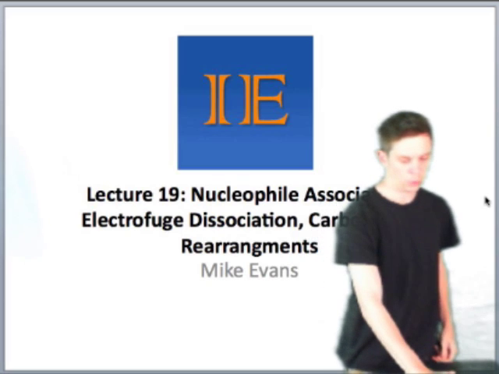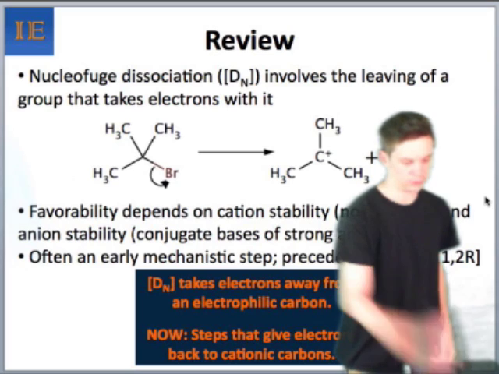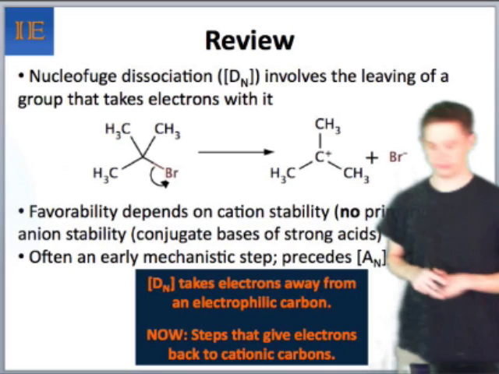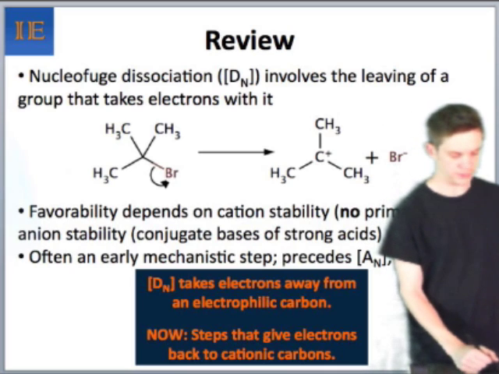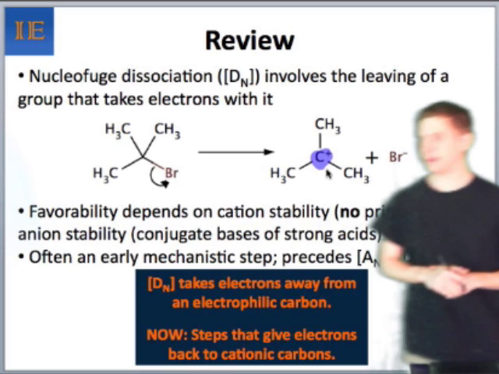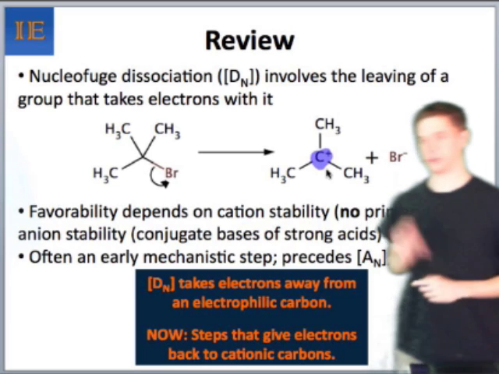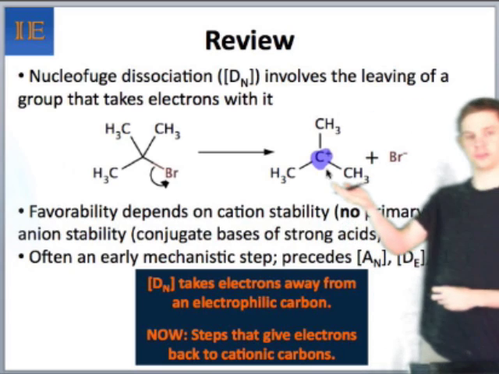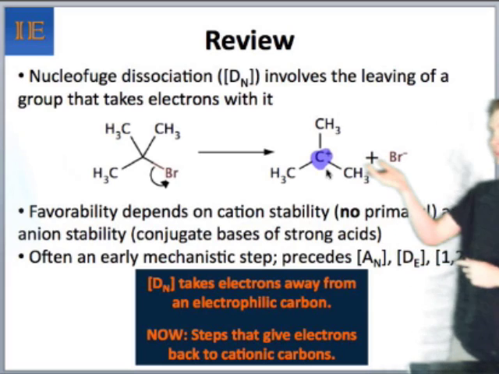Last time we talked about, in detail, nucleofuge dissociation, which is a step that involves the leaving of a leaving group, such as Br-, with the formation of a cation, as you see here. Now, we noted that the favorability depends on two factors, both the stability of the cation, which in this case is the tert-butyl cation, and the anion.